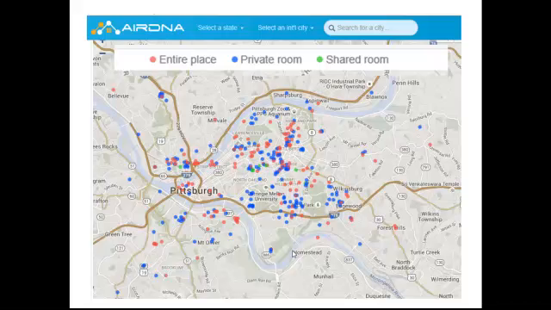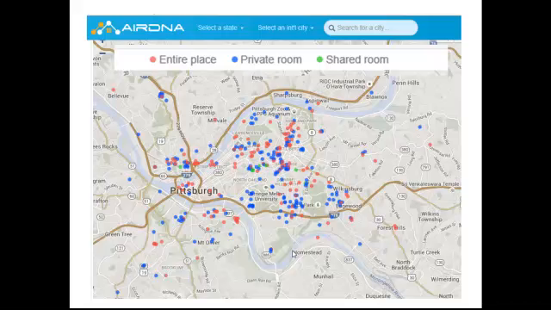Now, the red dots are dwellings where they're renting the entire place out, maybe a studio. The blue dots are when they're sharing, actually renting a private room. For example, if you had a 2-bedroom apartment that you lived in and you rented your guest room, that would be a private room that you're renting out. The green dots are where people are actually sharing a room.